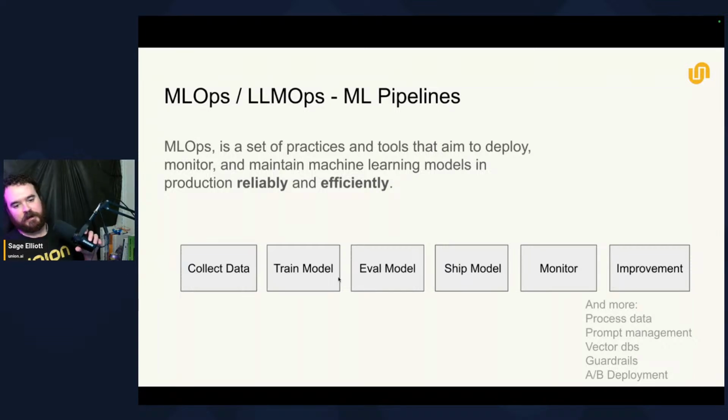Then you might have a machine learning team that does the training and evaluation. And you might even have a separate ML team or software engineering team that ships the model out in production and monitors it. And then again, you go back between those teams. So you want to be able to build a workflow where you can share all the artifacts being generated on each step and be able to go between all these often.